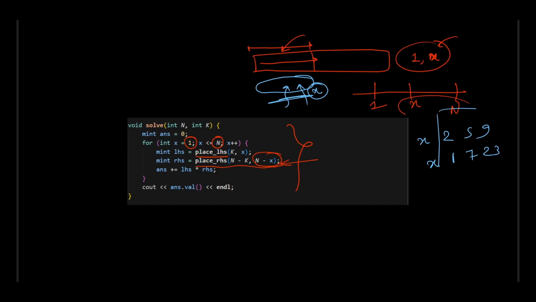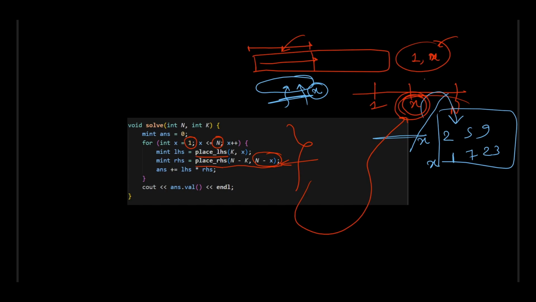So all of these valid configurations can be tied up with any valid configuration from the left half, because the left half is not interacting with the right half. Why is it not interacting? Because of this unique partition point trick that we had introduced. So this partition point ensures that the left half and the right half become independent. So that's why we multiply LHS with RHS and print the answer.